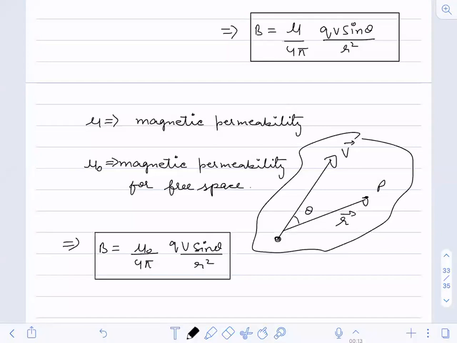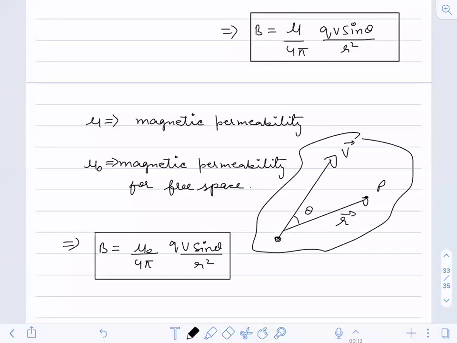Does mu naught by 4 pi have a numerical value? Yes, it will have a numerical value. We will discuss that. The numerical value will be given to you in the exam, so you don't have to worry about the numerical values.